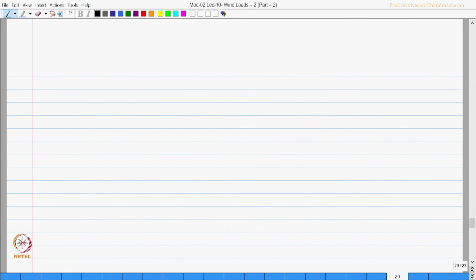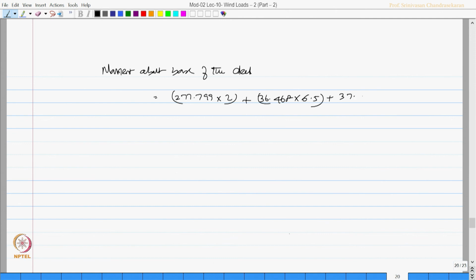I want to now work out the moment. Moment about the base of the deck is going to be 277.799 into 2, that is the deck value, plus 36.468 into 6.5 plus 37.984 into 13.5, which gives me 1305.42 kilonewton meter.